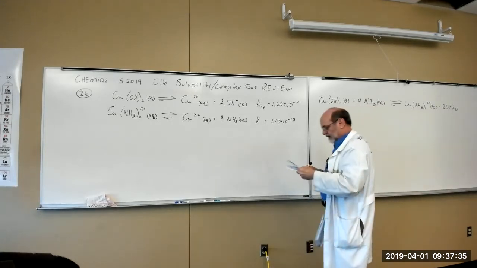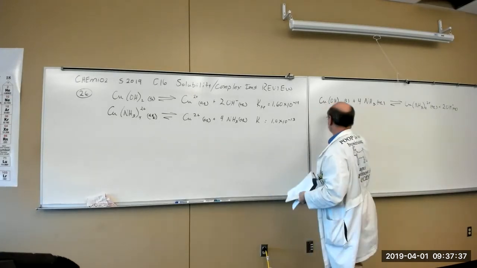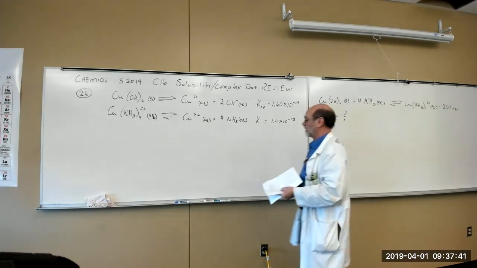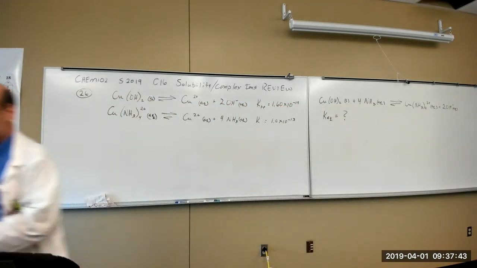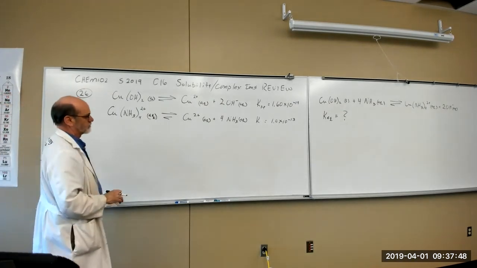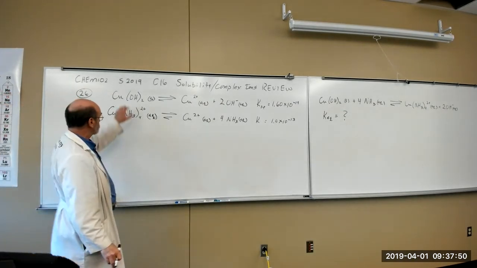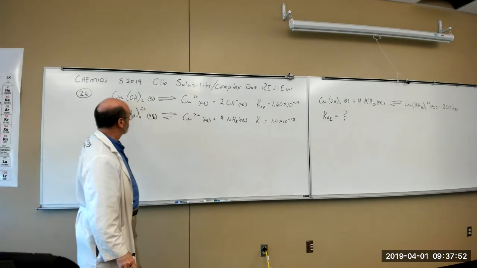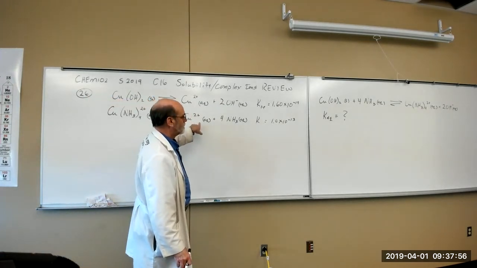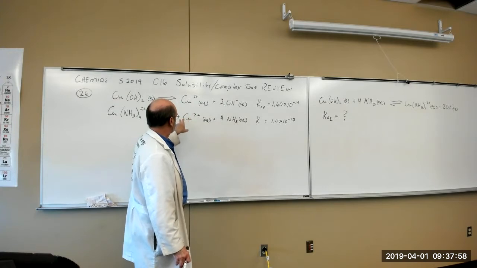What we want to find out is, what's the equilibrium constant for this one? So we're going to use Hess's law. We're going to combine equations. This one's on the right side, as it should be. This one is not.